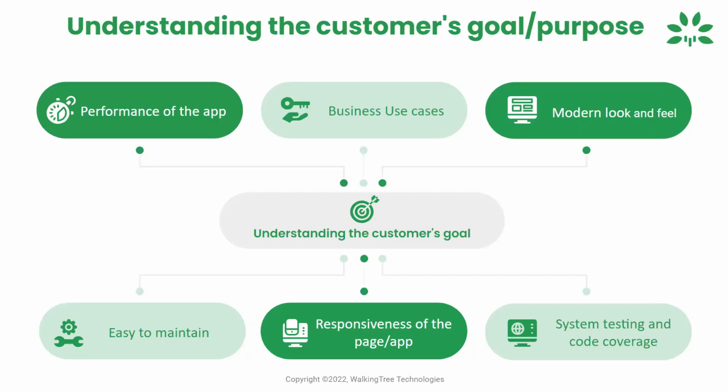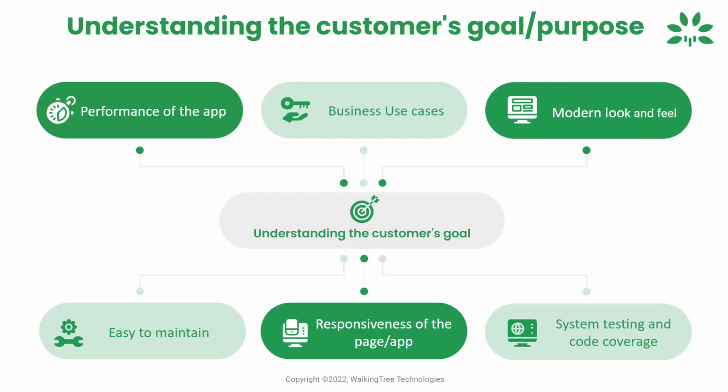Another thing is easy to maintain. Whatever libraries we are using, whether third-party libraries or libraries related to the same technology, we need to consider whether from the performance perspective it is good or not, and whether it can be plug and play or not.